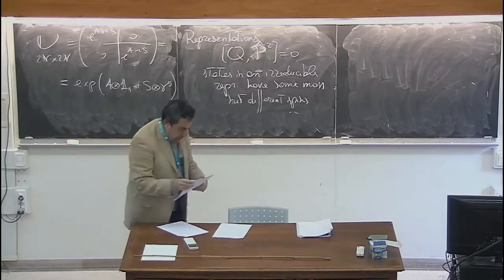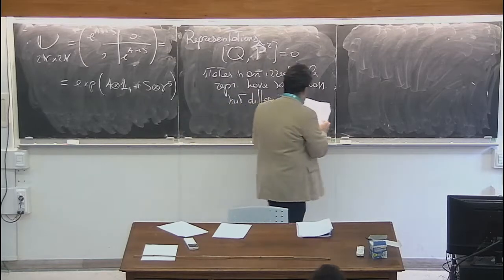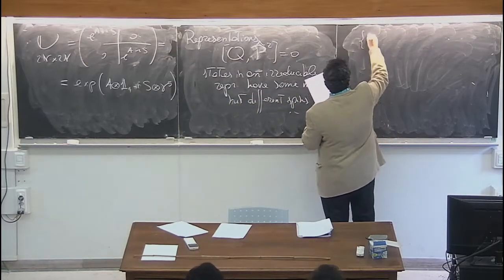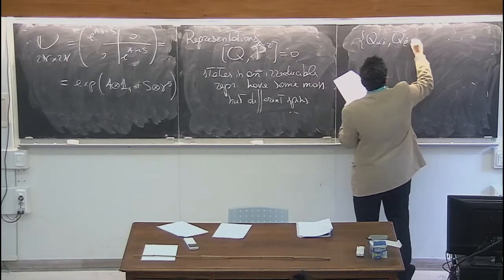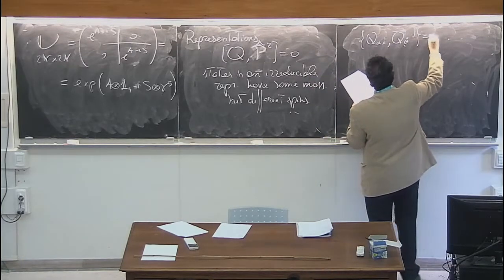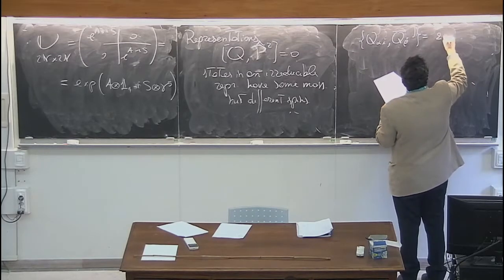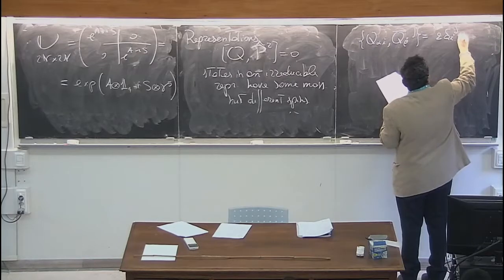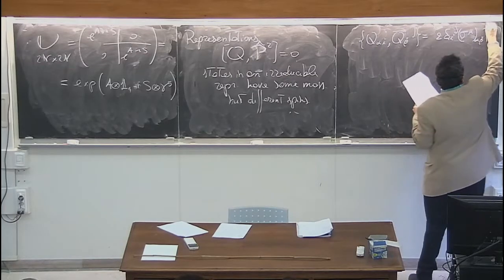Well, that follows directly from the anti-commutation relation {Q_α^I, Q̄_β̇^J}, which is equal to twice δ^IJ σ^μ_αβ̇ P_μ.